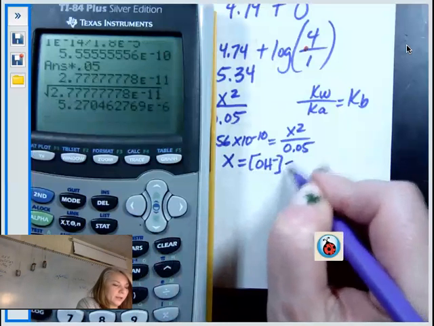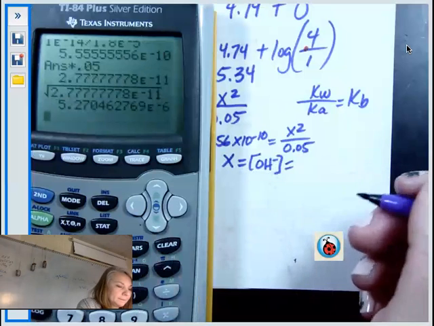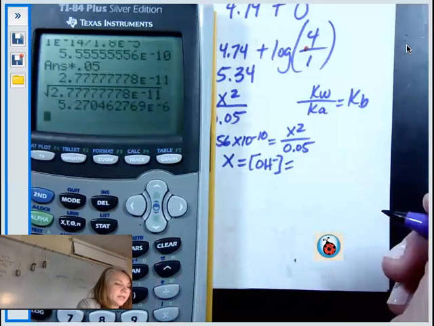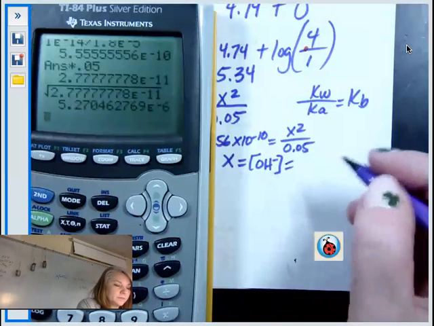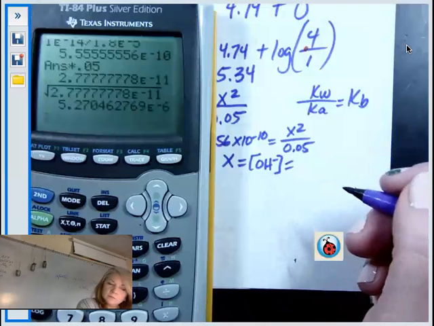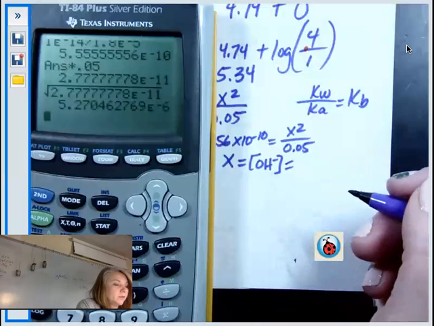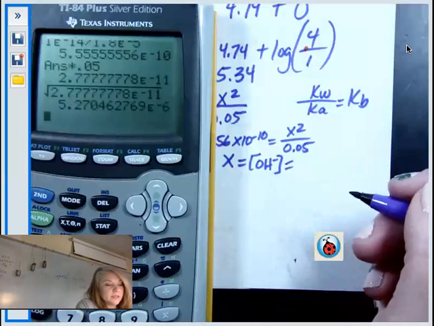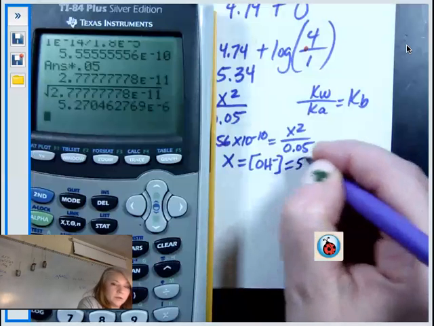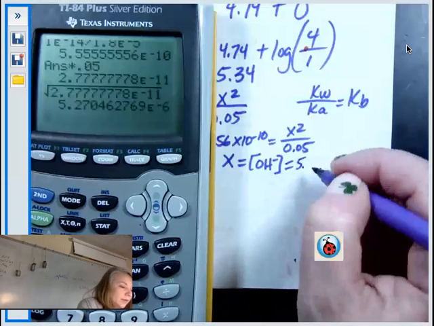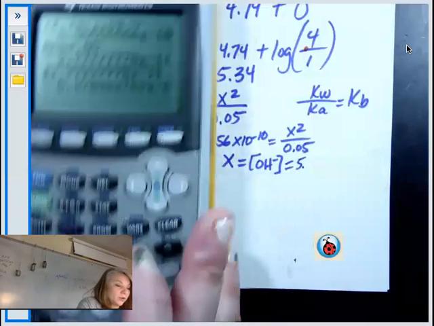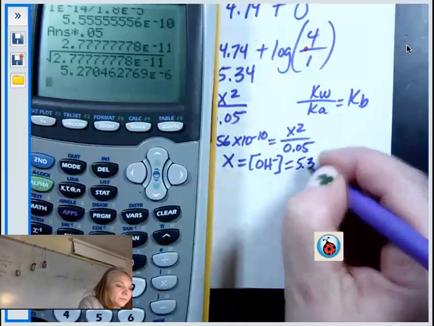Take the square root of that. And it should be times 10 to the negative 11. You didn't multiply your 5.56 times 10 to the negative 10th by 0.05. So it's 5.27.